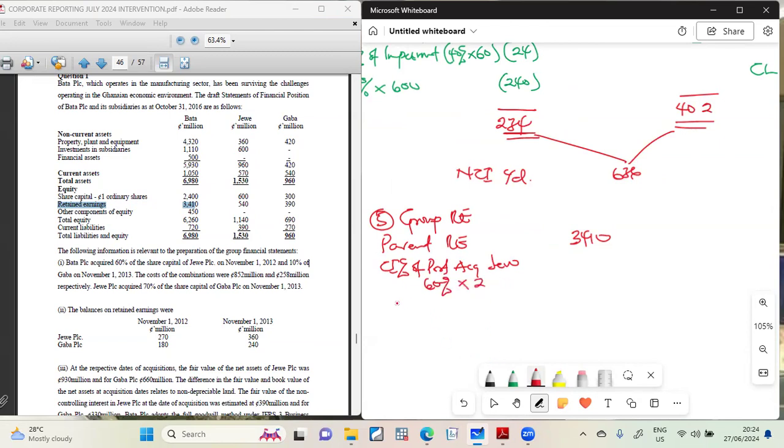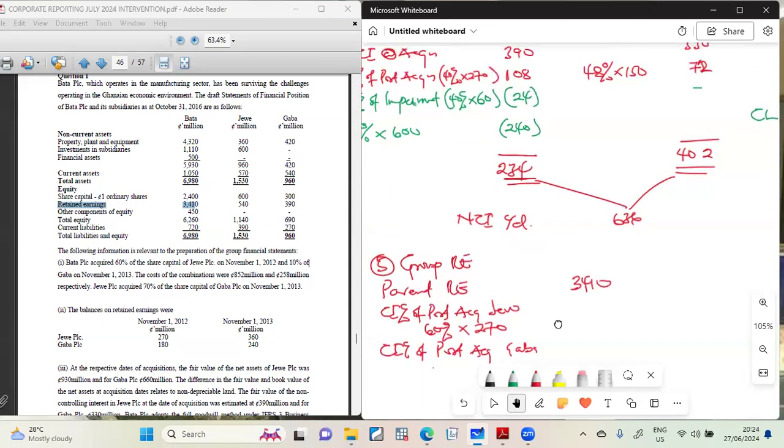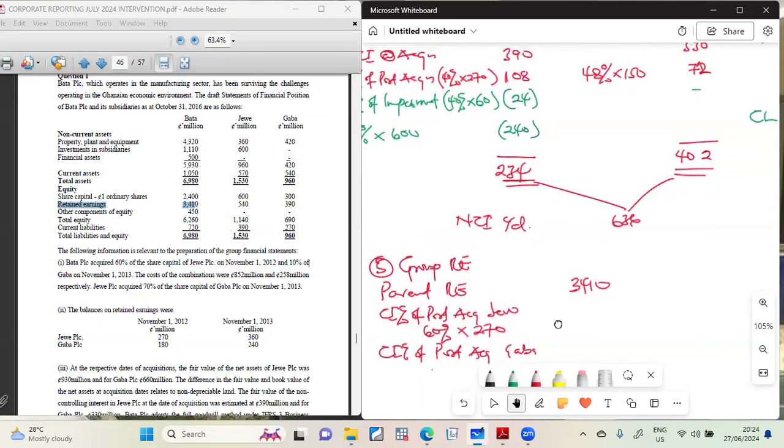Then the other one is CI share of the post-acquisition of GABA. What is the CI percentage in GABA? GABA is 78.